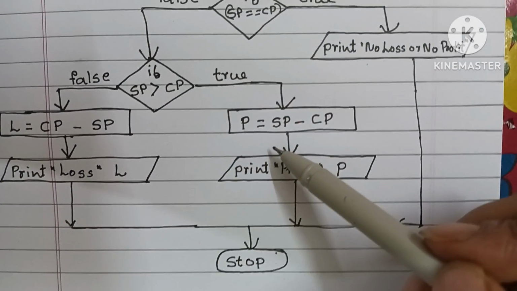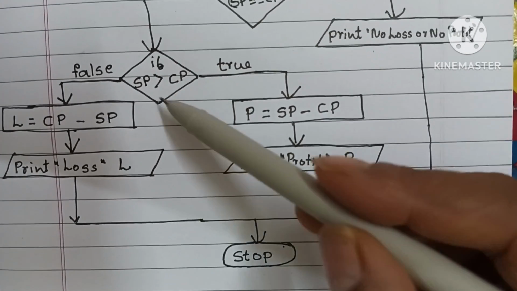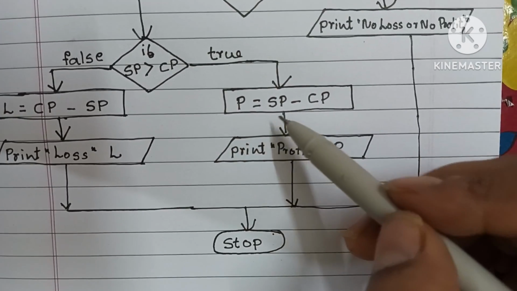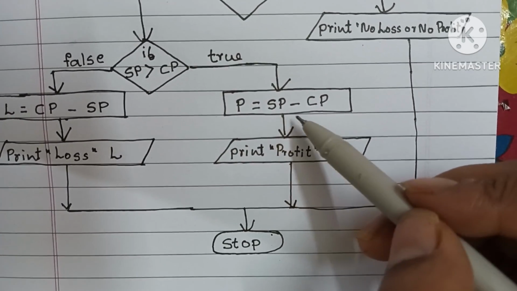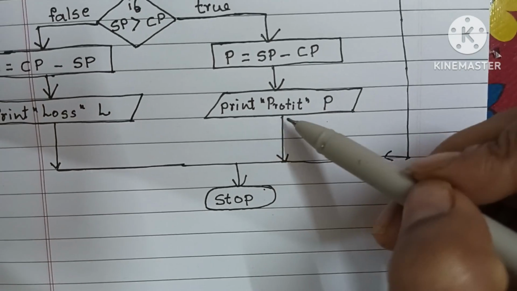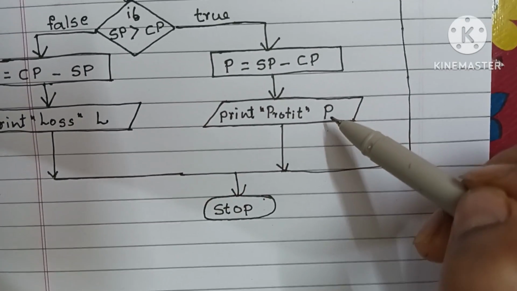So here we have to print profit, right? We got profit here if this condition is true. So we have to calculate P is equal to SP, selling price, minus cost price. Next we have to print profit. We got profit, right? So print profit and the value of profit P.